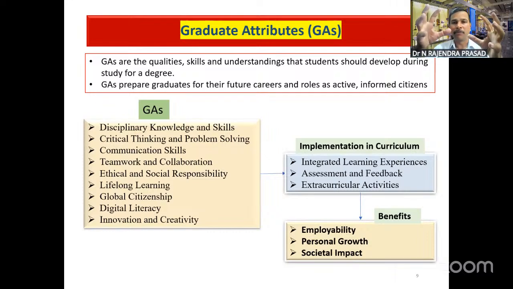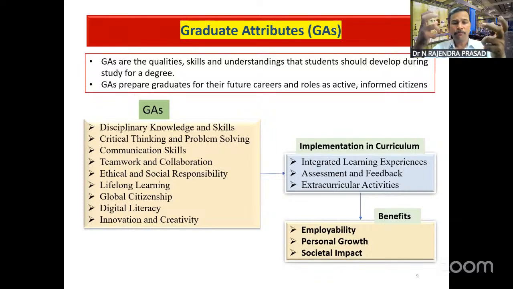Digital literacy, of course, may be advantageous or disadvantageous. If we do not possess the digital literacy knowledge, then our qualifications will be of no use. We have to keep on updating and upgrading according to the situation. Then only we get more value than the others.